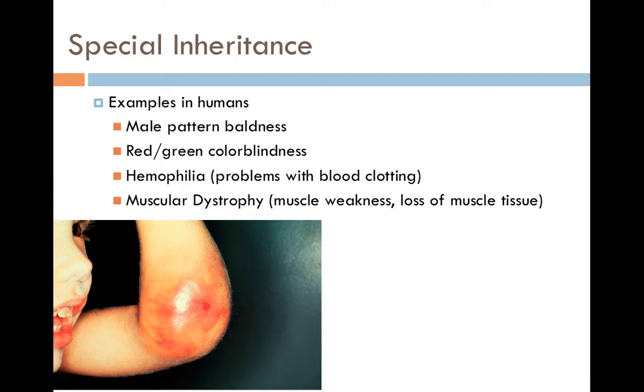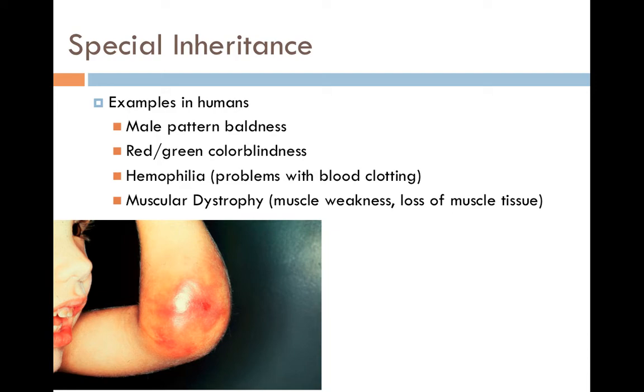Hemophilia is not a good disorder to have. Basically, these people who have hemophilia have problems with blood clotting. If a normal person gets hurt, their blood's going to clot and they're going to stop bleeding. A person with hemophilia can't do that. So even a minor injury actually becomes a lot worse.